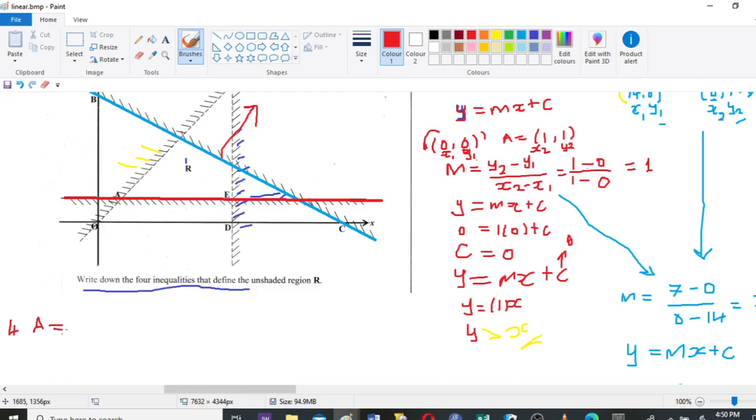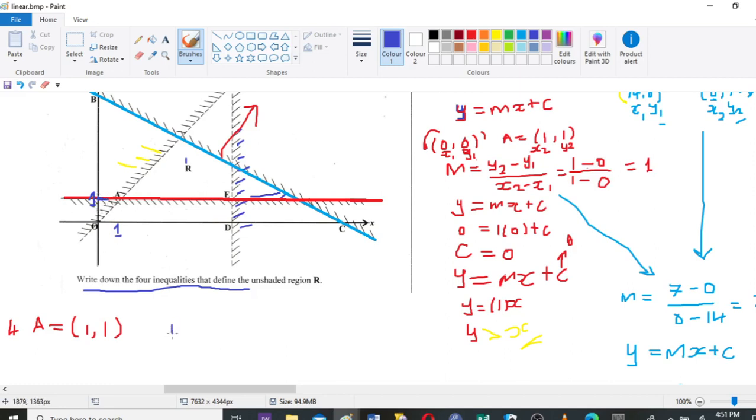The A coordinates we have are 1, 1, right? What is this telling you? In the y-axis we have 1, and in the x-axis we have 1, which means this line is passing in the y-axis at the point 1.